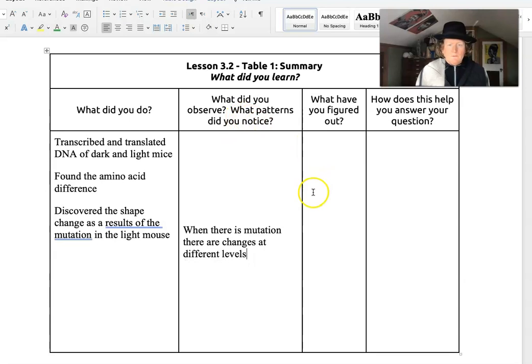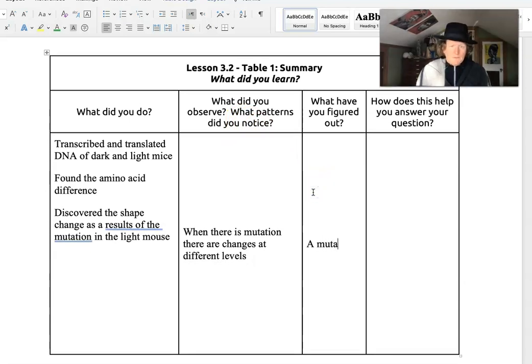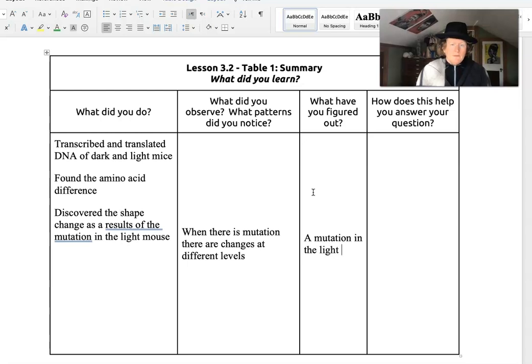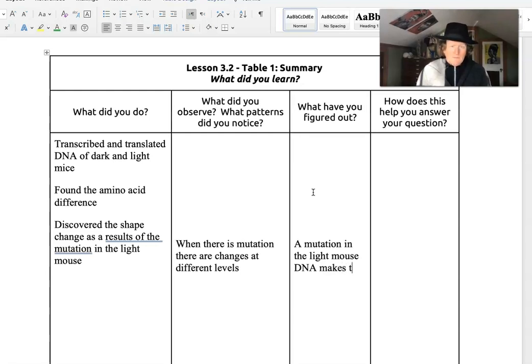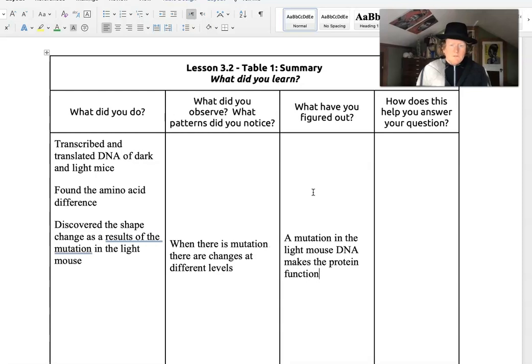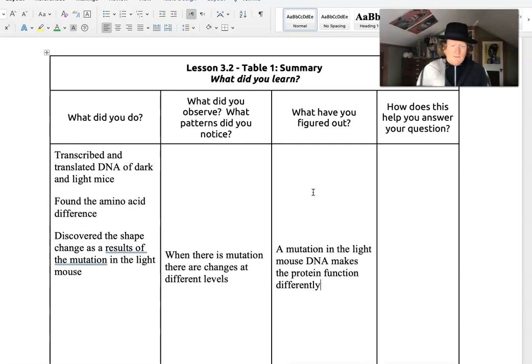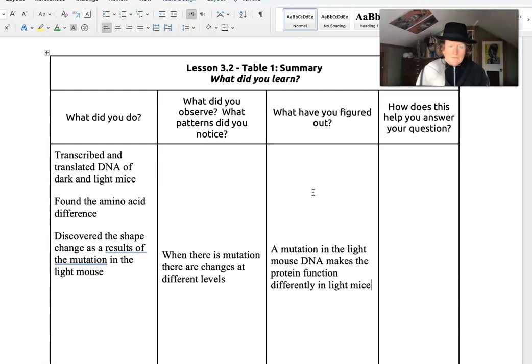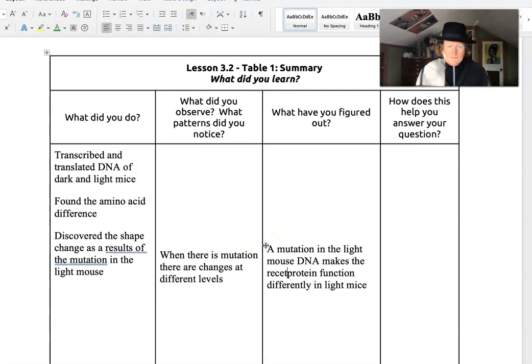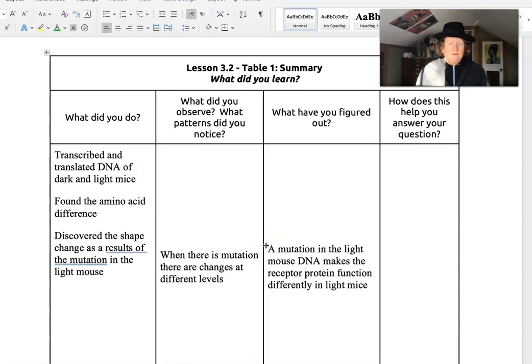What have we figured out? Well, mutation in the light mouse DNA makes the protein function differently in light mice. We'll be more specific here and say receptor protein. Now, this is not the answer, but this is a good start on your answer. How does this help answer our question?